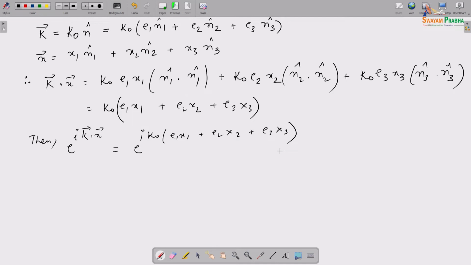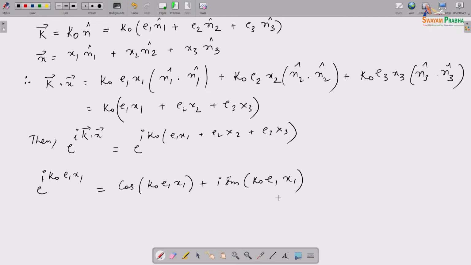Well, as you know, e to the power i k naught, this is math I hope you can remember. If I do this, this is equal to cos of k naught E1 x1 plus i sine k naught E1 x1.